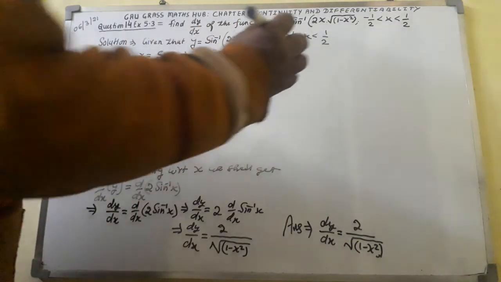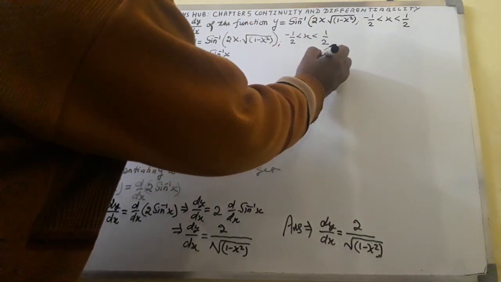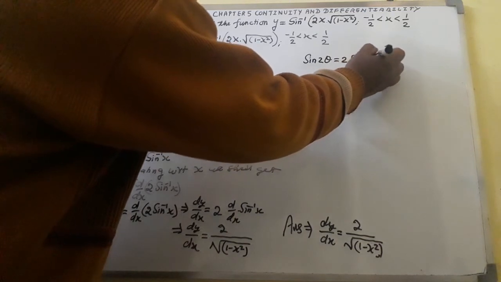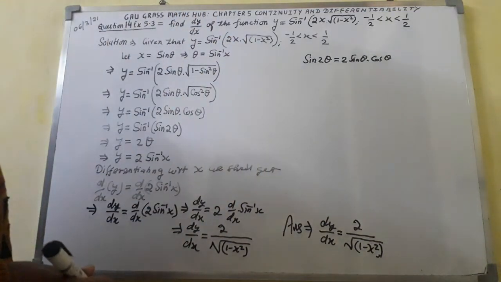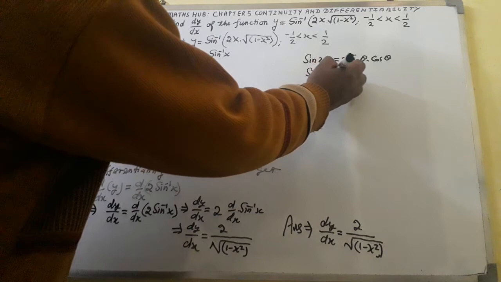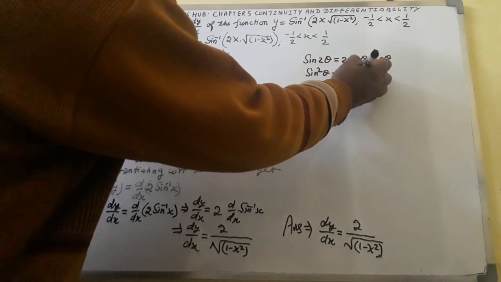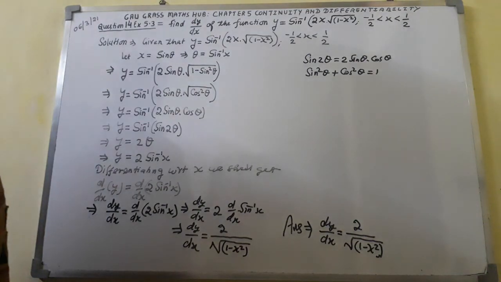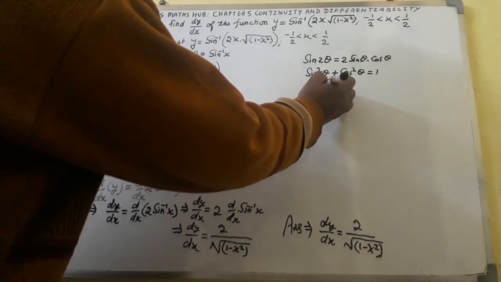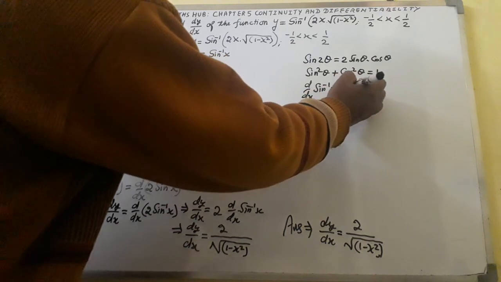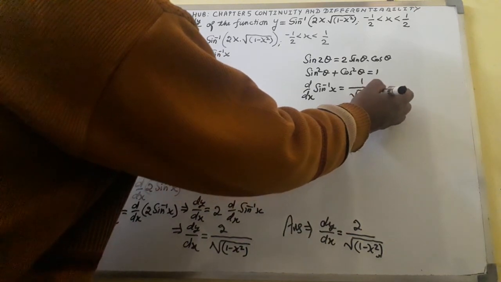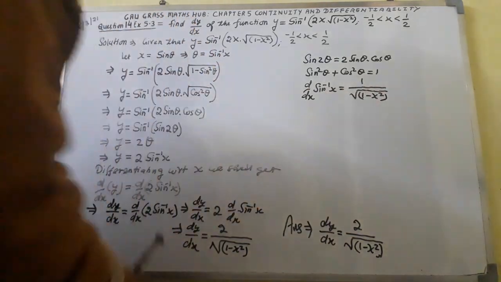So I write the formulas: sine 2 theta is equal to 2 sine theta cos theta, and sine square theta plus cos square theta equal to 1, and d over dx of sine inverse x equal to 1 over under root 1 minus x square. This you have got.